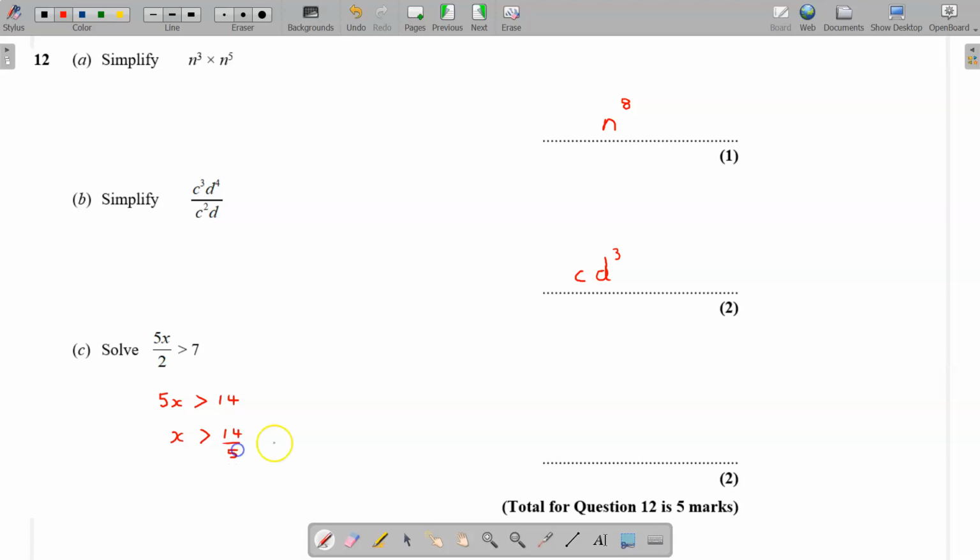I can write that as 2.8, but I don't need to. I can just leave it as x greater than 14/5. Leave your working in, and that's 2 marks for that part of the question. So make sure you've got a bit of working out to support it.